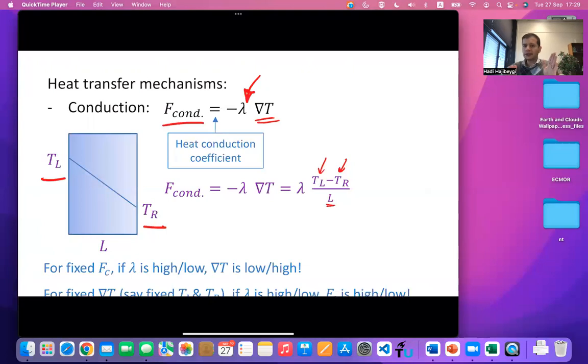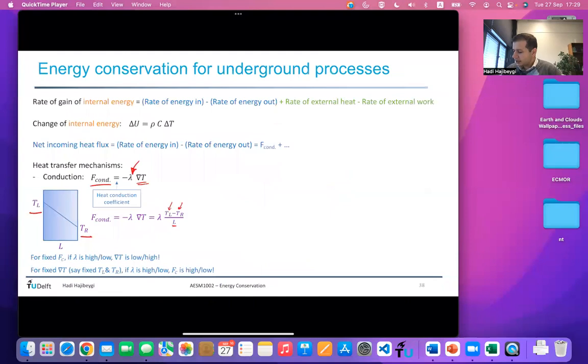Left minus right. If it was not with negative sign, it would be just gradient T, it would be T right minus T left divided by L. Since it's minus gradient, it will be T left minus T right divided by L. Heat conduction coefficient is lambda.